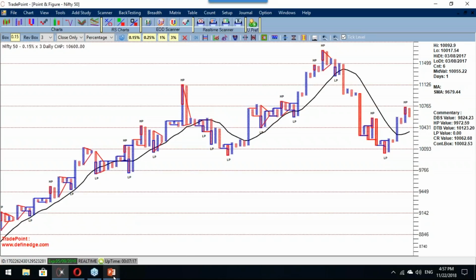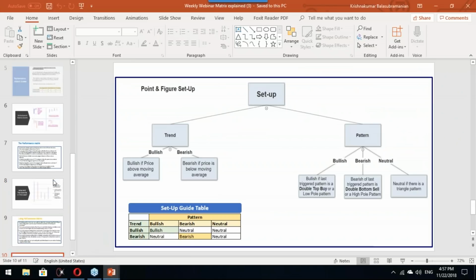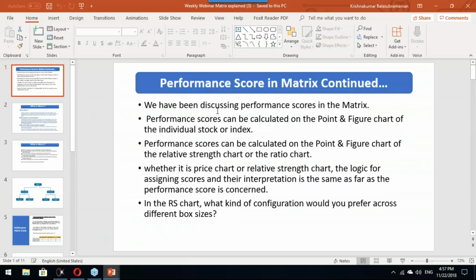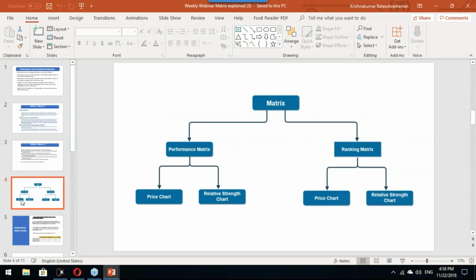If you remember, if you look at the slide here, we were discussing the performance scores in the last couple of weeks, isn't it? And as I told you, the performance matrix scores can be calculated on the price chart as well as the relative strength chart. So all along in the last couple of weeks, we were focusing our attention and energy on the price chart.